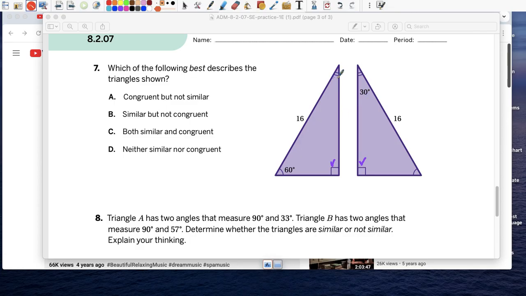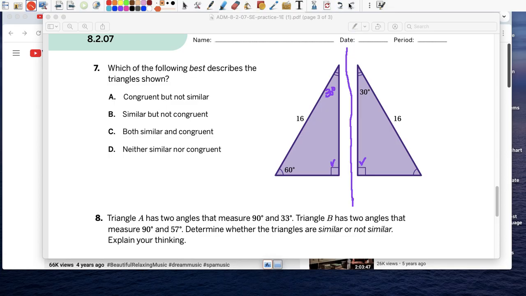See that there's two lines here, so they're saying they're equal, so I know if that's 30, this one's 30. And obviously if that's 90 and that's 30, they also share the 60. So these are two exact triangles. If you were to take a line of reflection and reflect this to the other side, one would fit right on top of the other.